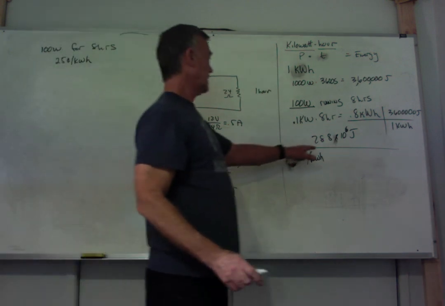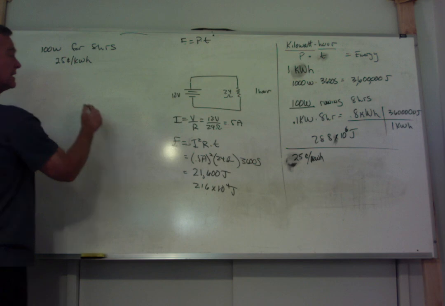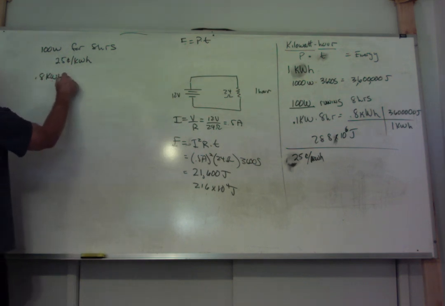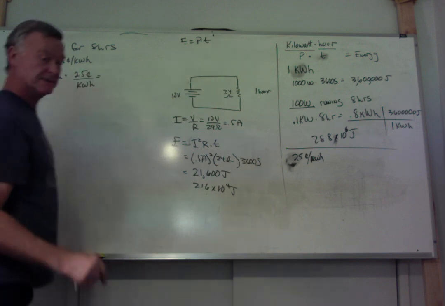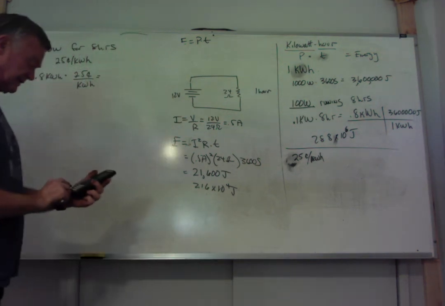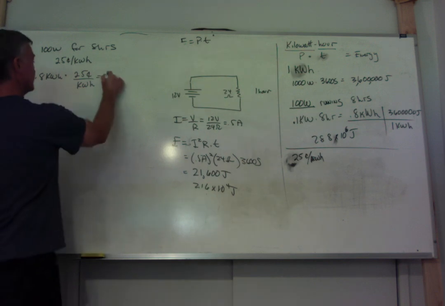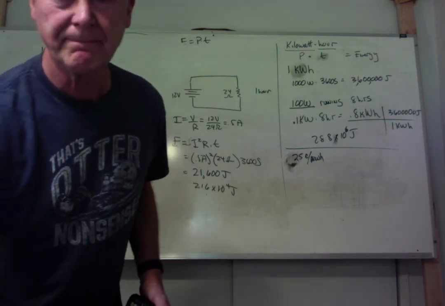Well, we have 0.8 kilowatt hours times 25 cents per kilowatt hour. And that would end up being 0.8 times 25. I should be able to do that in my head. About 20 cents. Not much.